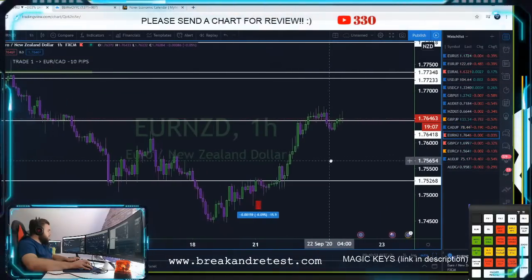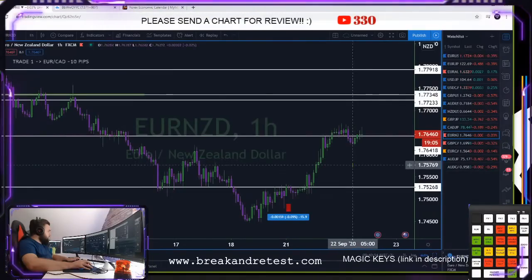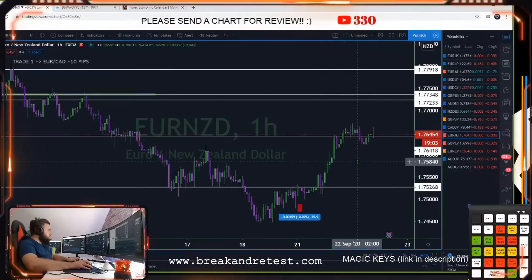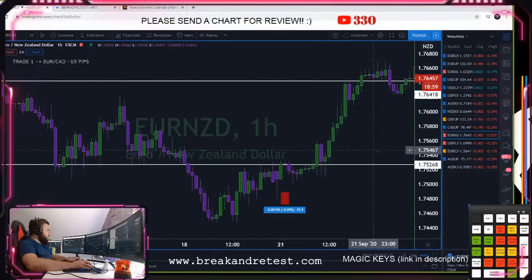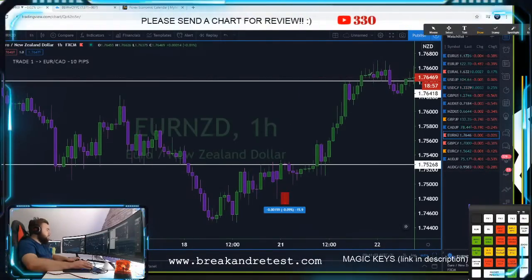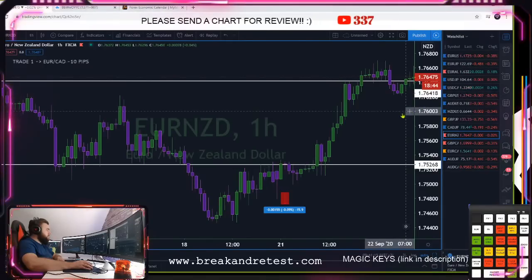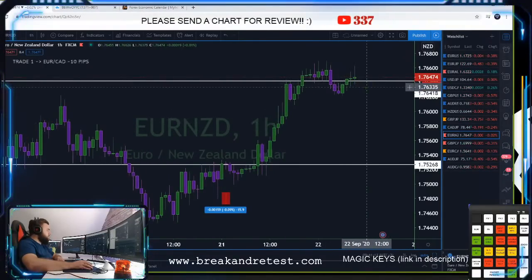Euro NZD, we are late because the break and retest already happened here. The breakout was here, the retest happened, it got rejected to the upside, did close below, made a retest, got rejected all the way down. So we had a move both ways. Now it did close above again, but already did the move.